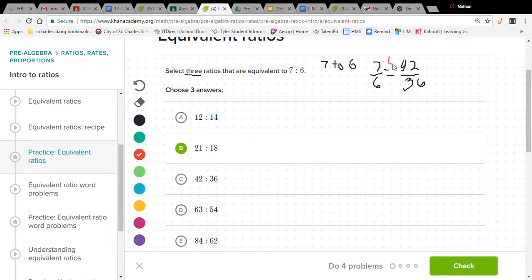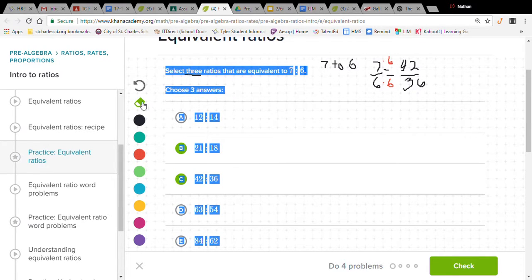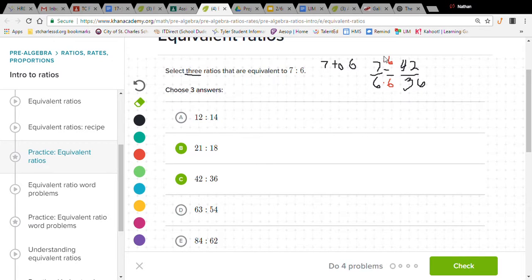That is 6. 7 times 6 equals 42. And down here, if you multiply the denominator by the same thing, 6 times 6 equals 36. So that works. These are equal to one another. Multiply the numerator by 6, multiply the denominator by 6, you get this equivalent ratio. So that works for that one. Erase that.